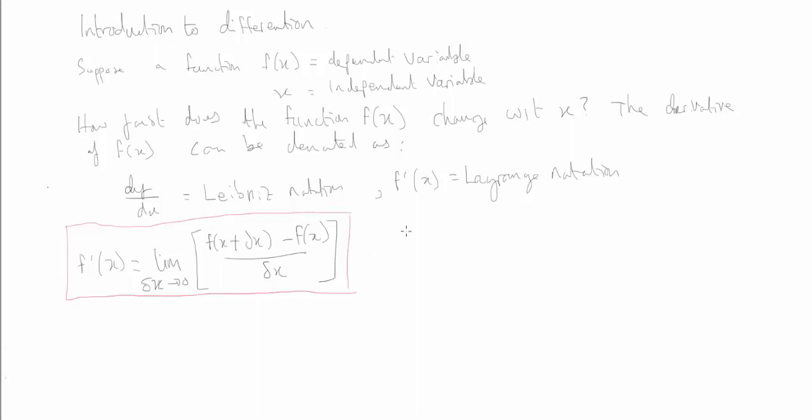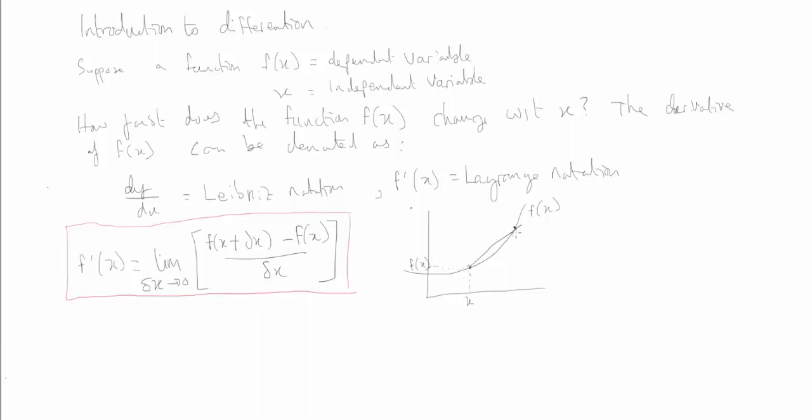So suppose we have a function f of x. This is f of x, and we want to find the rate of change at this point x. So if we evaluate this point at x, we have f of x. Suppose we have another point around here. We can approximate this with a straight line.